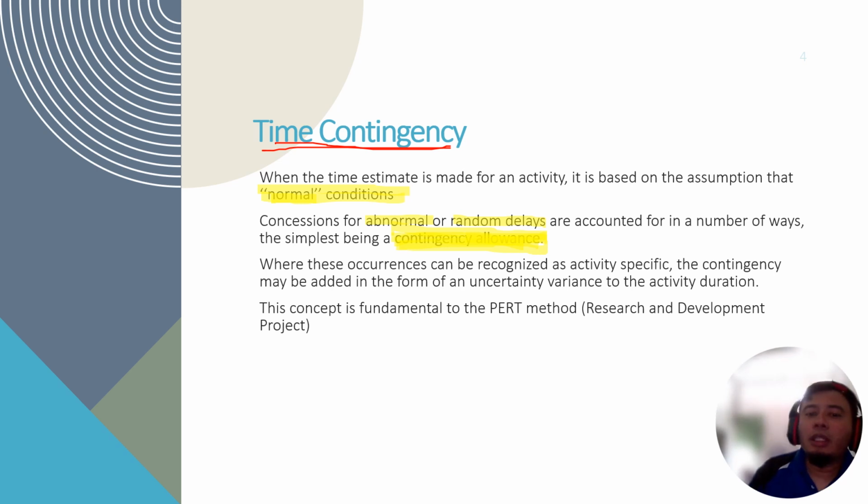So if it can be recognized, the contingency may be added in the form of uncertainty variance to the activity duration. You can add on to the activity duration. It's a logical thing to do.